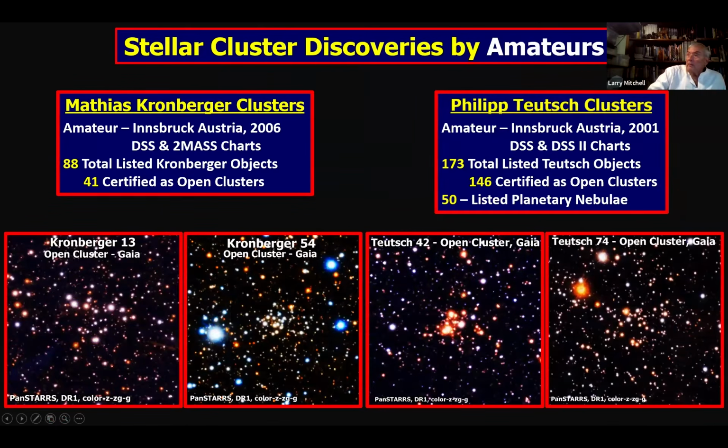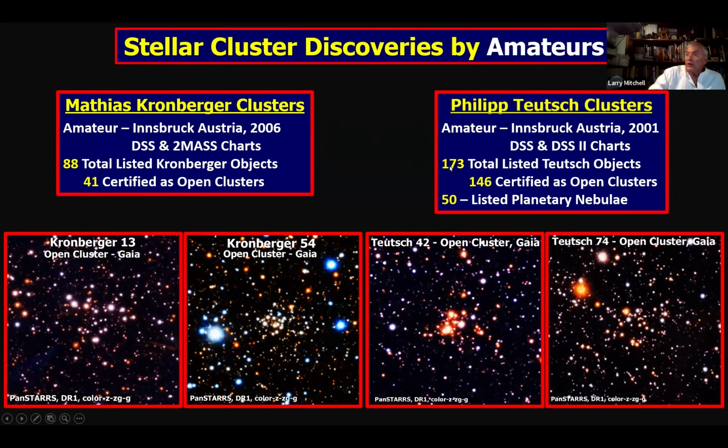There's a couple of Austrian astronomers, Matthias Kronberger and Philipp Tuch, who have made significant discoveries just by looking at photographs, the Digital Sky Survey, the 2MASS charts. Kronberger has 88 listed Kronberger objects, 41 of which have been certified as open clusters. And he did this just by looking at photos.